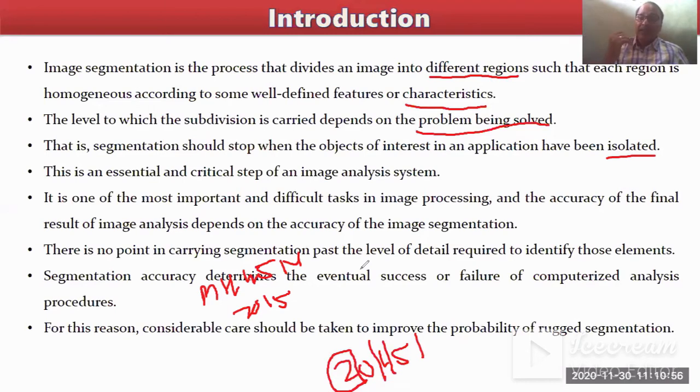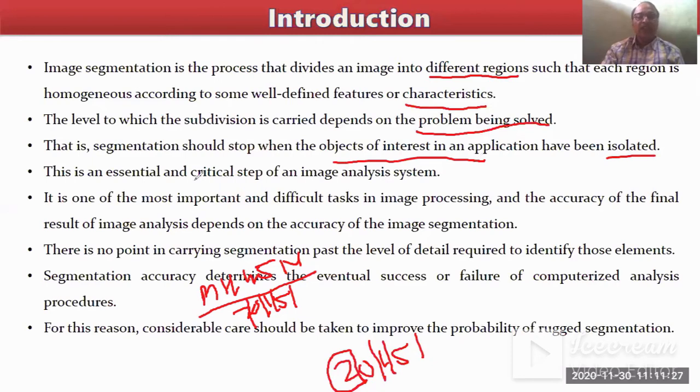Our ultimate goal is to identify the number. So first we divide the number into these two parts, then we divide it into this part, this part, this part, and this part. This is where we stop, because our object of interest is now available in the image.